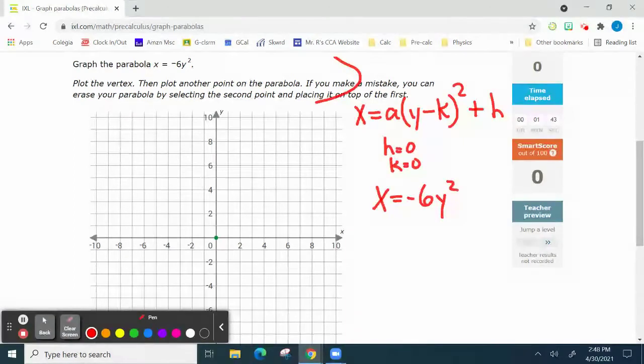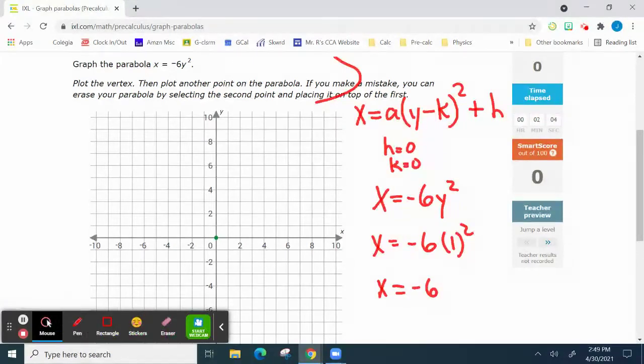So let's put 1 in for y. So x equals negative 6 times 1 squared, which is negative 6. So when y equals 1, x equals negative 6.